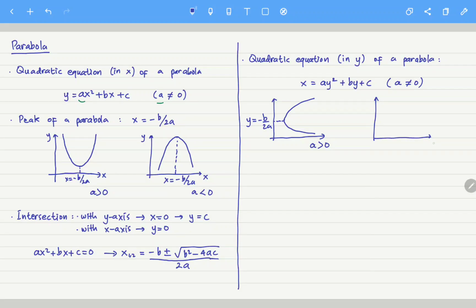And this is the graph if a is less than 0. It's the same. The peak will happen at y equals minus b over 2a.